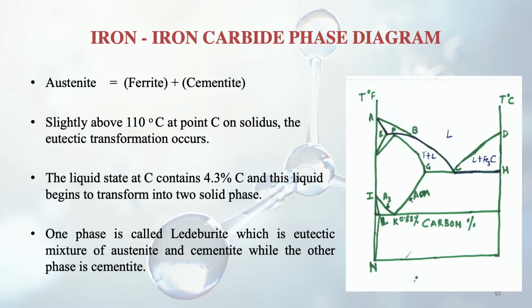So here also one phase is changing to two phases, but here the liquid phase is changing to solid phase, and that solid phase is ledeburite, which is a eutectic mixture of austenite and cementite, while the other phase is cementite.